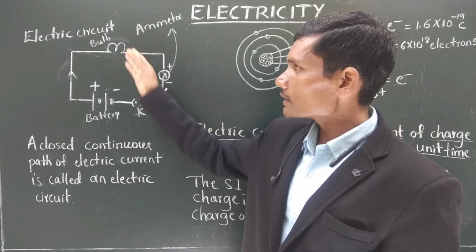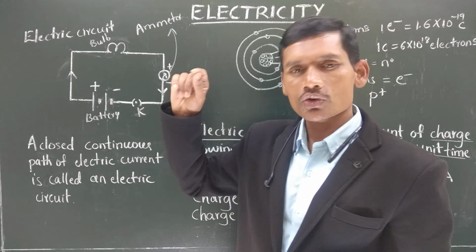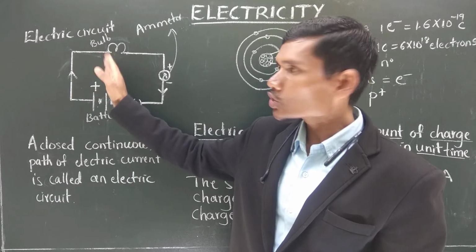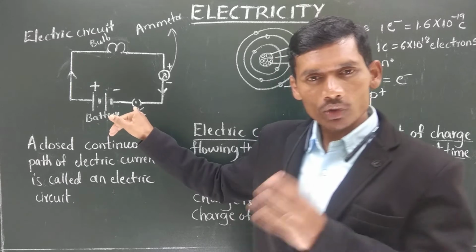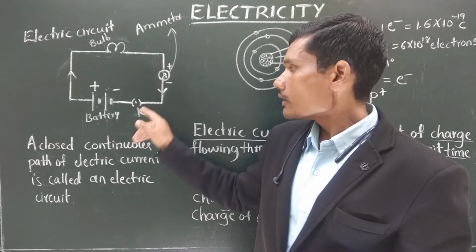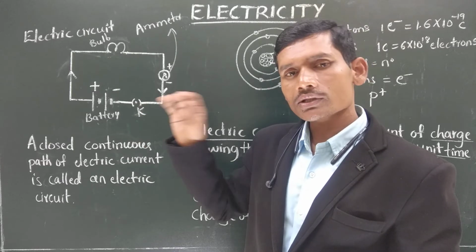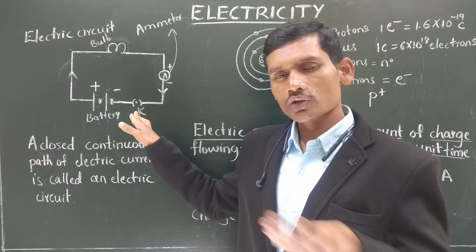Sometimes we need to operate the electrical appliances, sometimes we turn them off. So to make the path of electric current, to operate or to stop that operation, the plug key will be used. When it is inserted, the plug key is on. When it is removed, the plug key is off. In place of this, we can also use a switch.